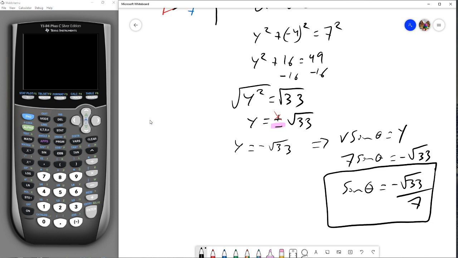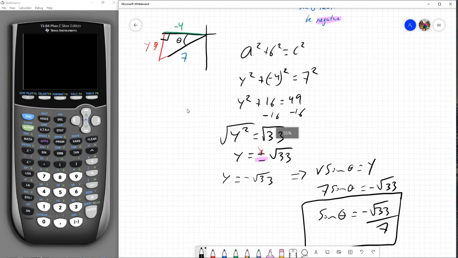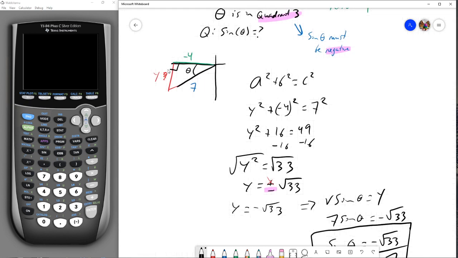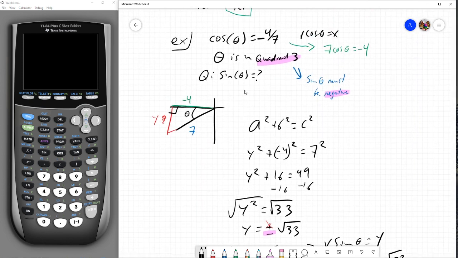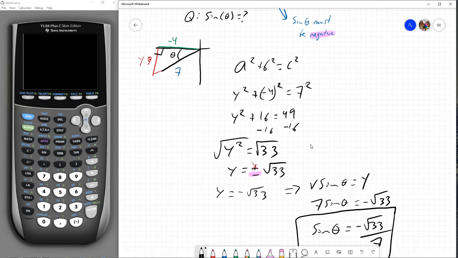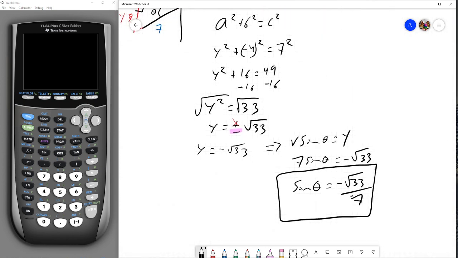Just by drawing a triangle here, keeping track that cosine theta is the same thing as x over r, or r cosine theta is equal to x, and putting those values in relation to a triangle, we use the Pythagorean Theorem to get an answer.